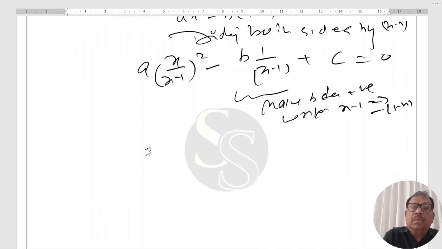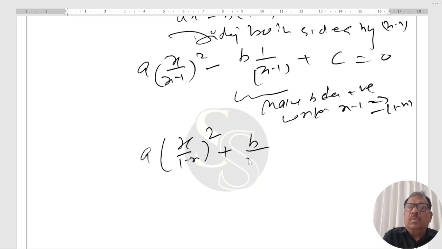So a x upon 1 minus x whole square plus b upon 1 minus x plus c equal to 0.